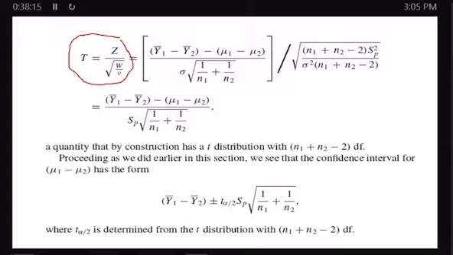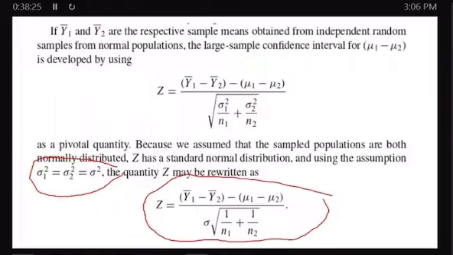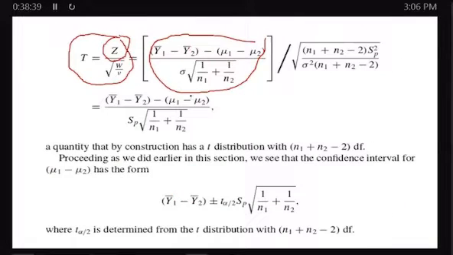Now, take a look at this. Where is it coming from? Oh my God, that's a Z, right? How do I know that? Come back here. Do you see that Z, right? When we assume that sigma 1 squared equals sigma 2 squared, we have that. I want to plug in this here, and that is what you actually see here.